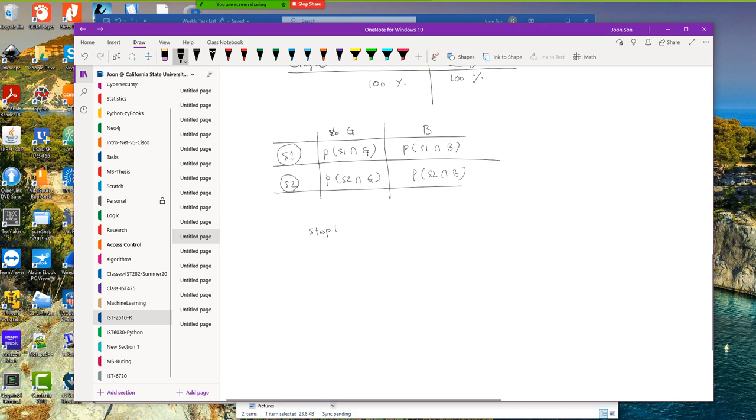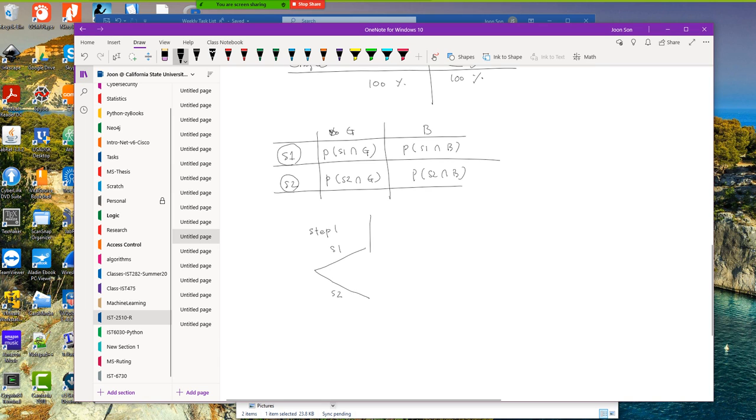So there are 2 cases: we choose S1 or we choose S2. That's step number 1.